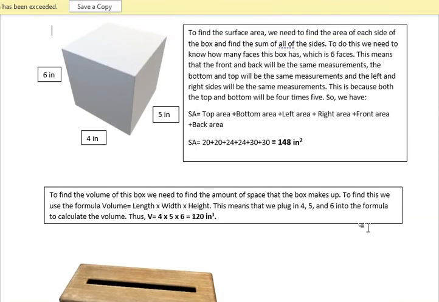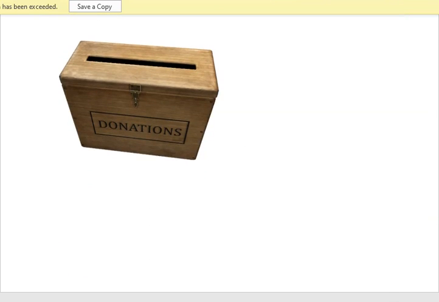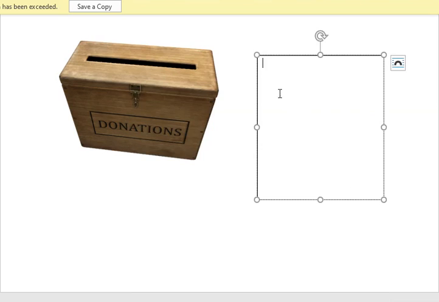There we go. So let's say that for this box, the length is 6 inches. The height is 5 inches.